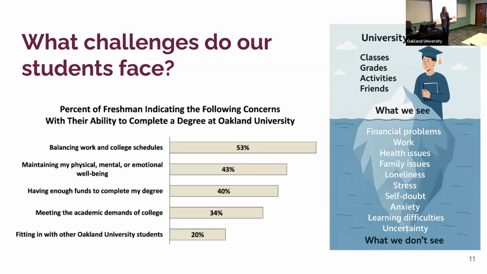But I opened up a door to make sure that student felt like they could talk to me, and we worked out a situation. We first ensured her safety and physical and mental health, and then we worked out the academic issues. So you don't see what's under the water all the time, and the more we think about it, the more successful we're going to be as instructors in the classroom.